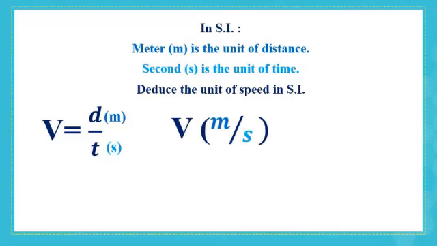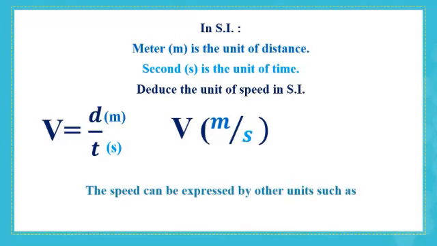Then speed will be in meter per second. So the SI unit of the speed is meter per second. Speed can be expressed by other units such as kilometer per hour, kilometer per second, meter per hour, etc.